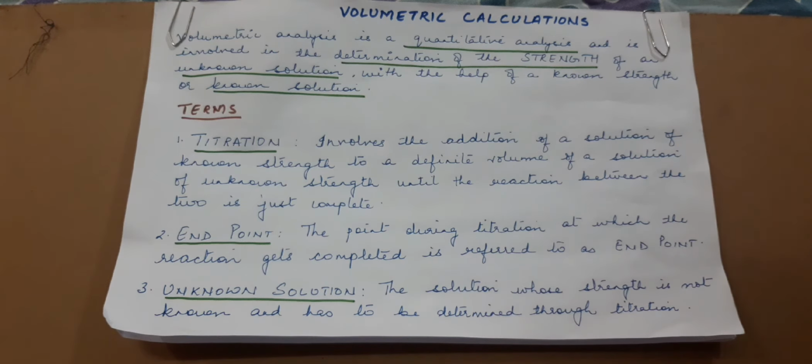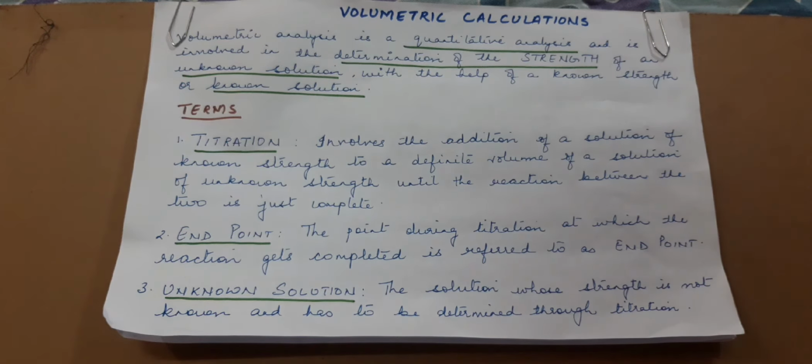In tea, are you placing 1 spoon of tea leaves or 2 spoons of tea leaves? 1 spoon sugar, half a spoon sugar or no sugar? So these different amounts of particular substances we talk about in terms of quantitative analysis. And volumetric analysis is quantitative.